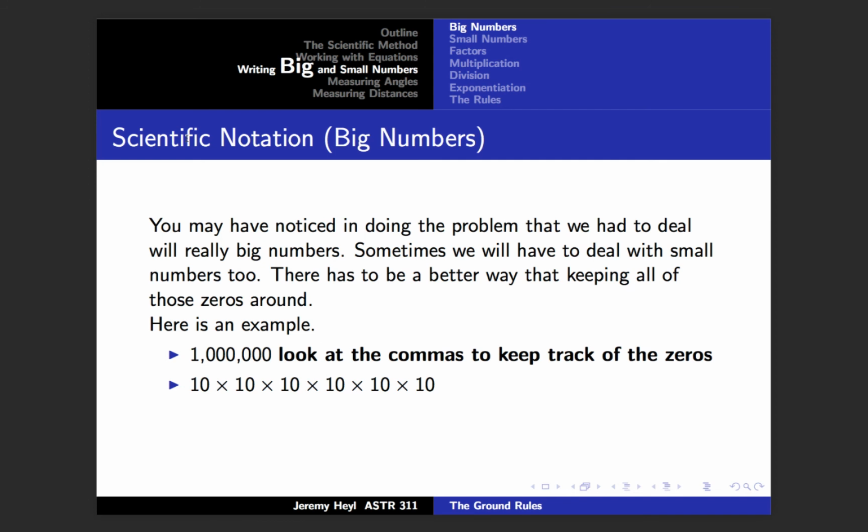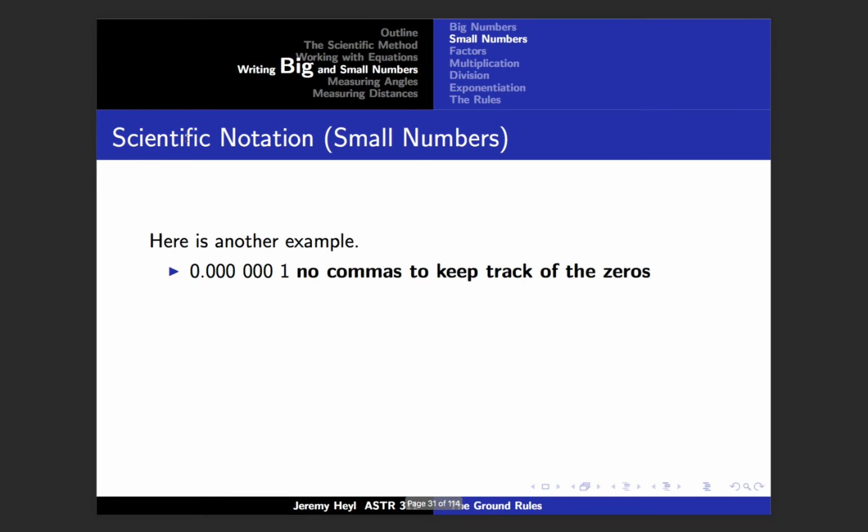So here we have 1,000,000, which is 10 times 10 times 10 times 10 times 10 times 10, 6 times. And the way we write that is I just count the number of times and I write that as 10 to the 6.